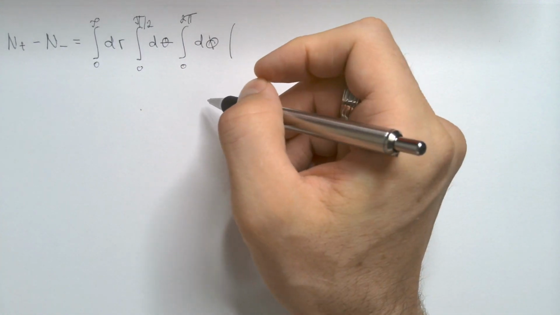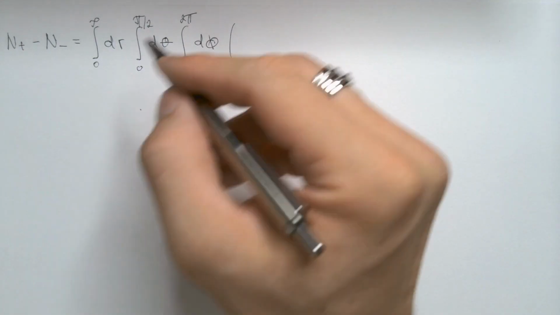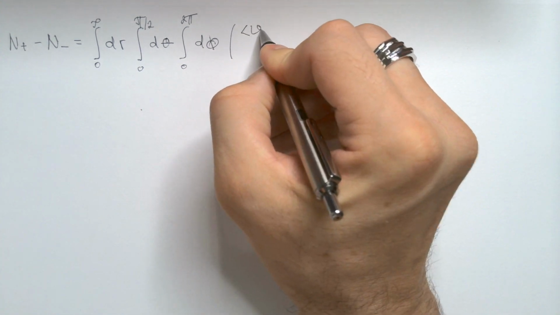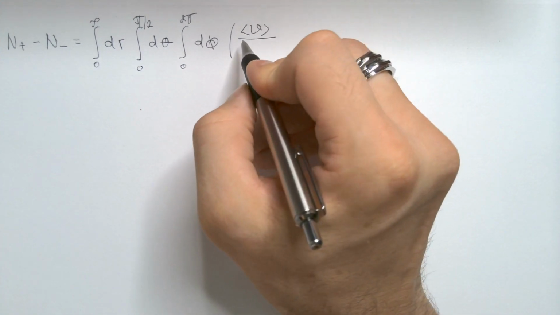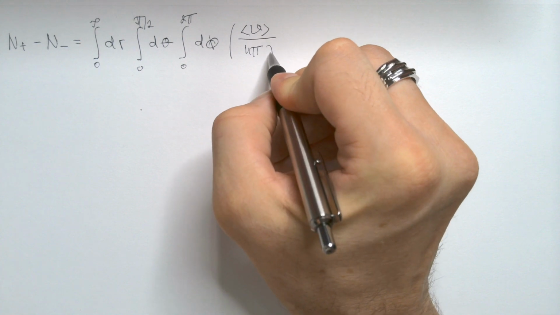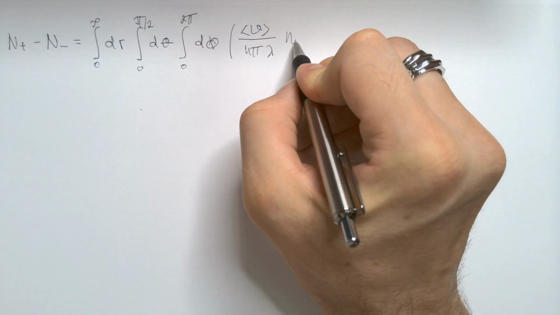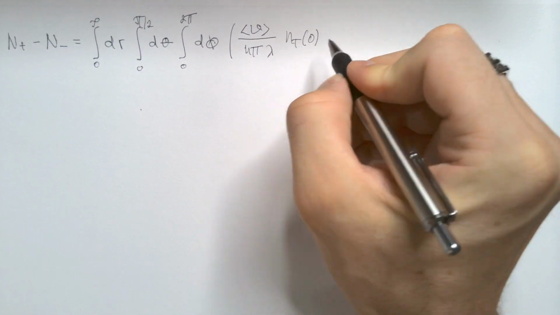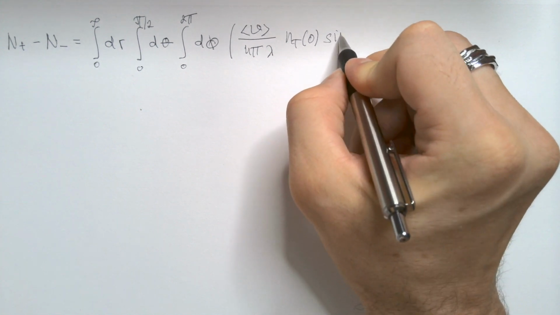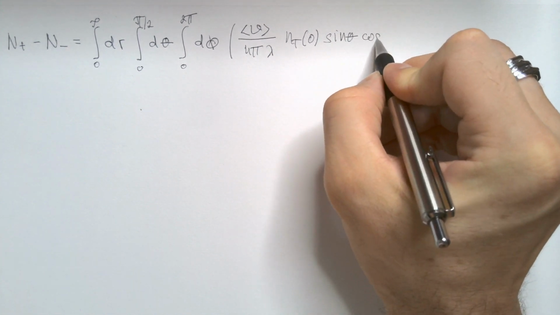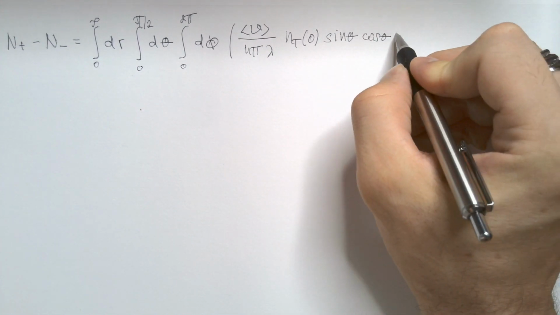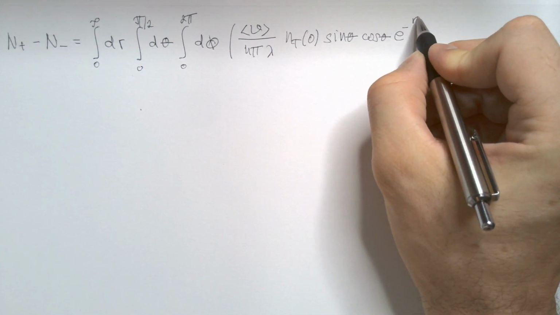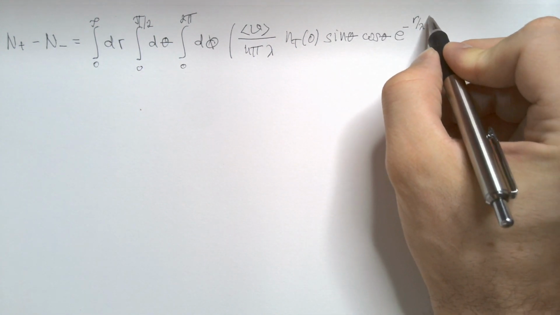And then we have the first term associated with n plus, and that will be average v divided by 4 pi lambda, mean free path, and T of 0, sine theta, cosine theta, e to negative r over lambda.